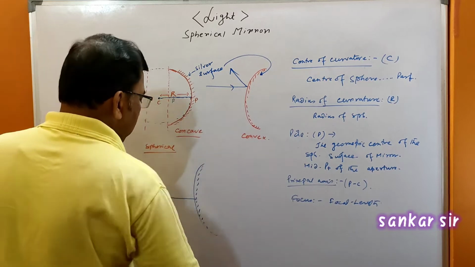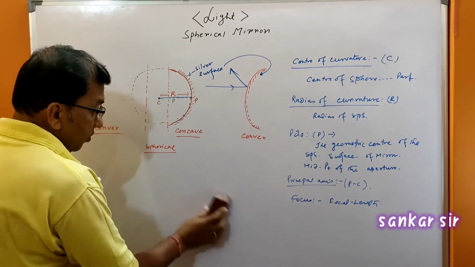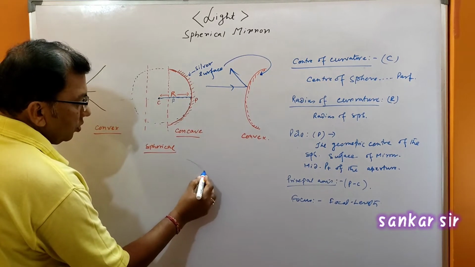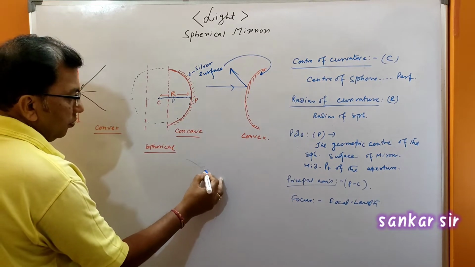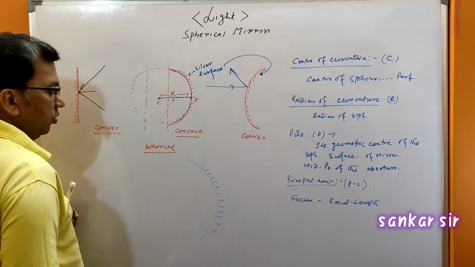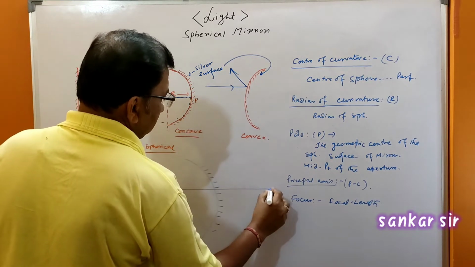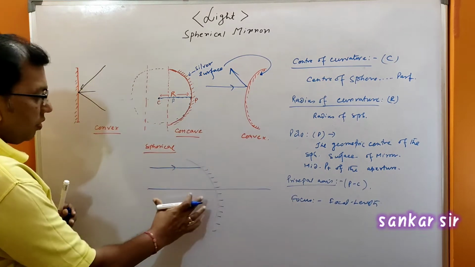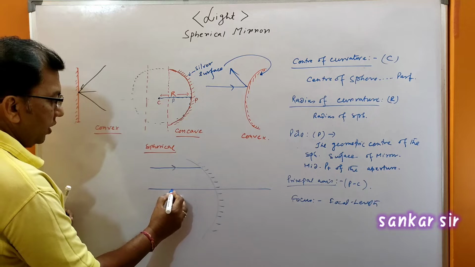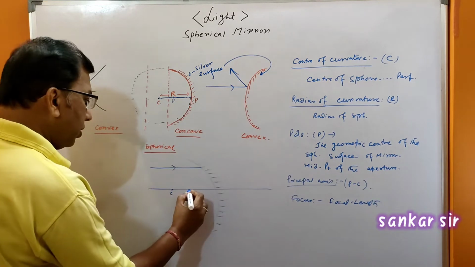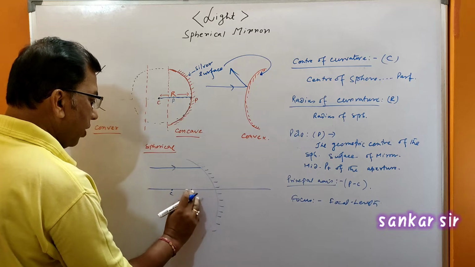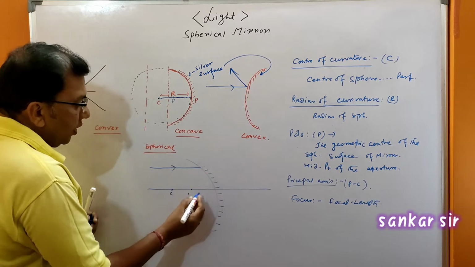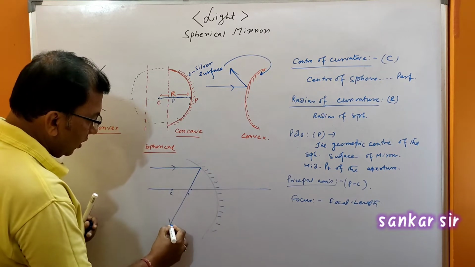Suppose this is the principal axis, this is the center of curvature, and this is the focus. If a parallel ray of light strikes the mirror, after reflecting it comes out here.